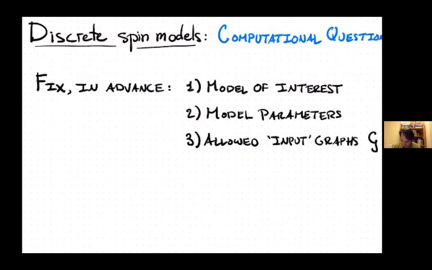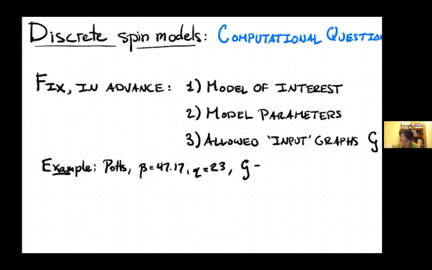So for example, we could choose the Potts model. I could choose beta to be, say, 47.17. I could choose Q to be 23. And I could choose script G. Well, I could choose it to be all finite graphs.